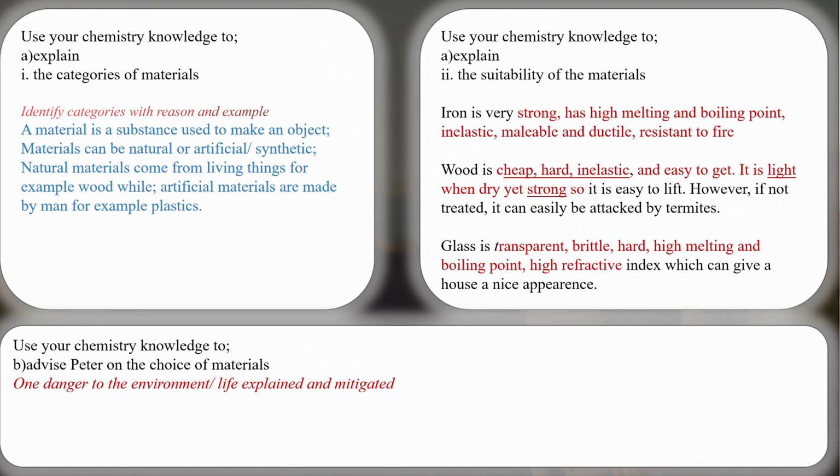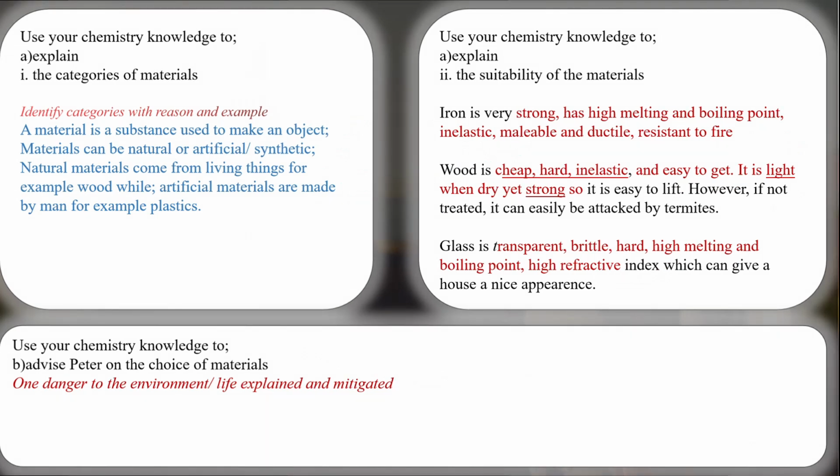Now, when you are explaining the suitability, you can give one example. If you're using iron, the properties of iron: it is very strong, has a high melting and boiling point, and it is inelastic. I think this is something that we have done in the previous one. So you'll use this as an example.